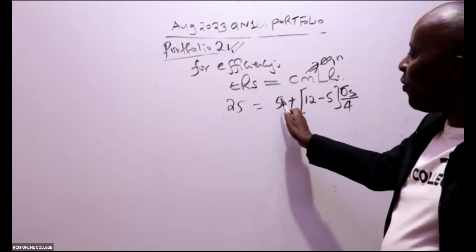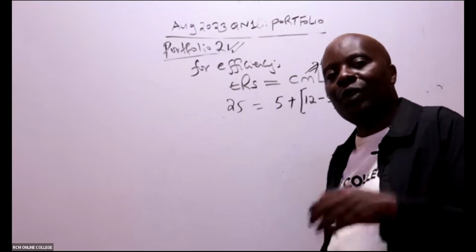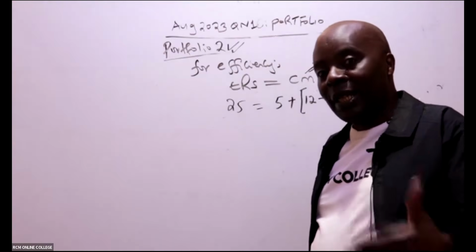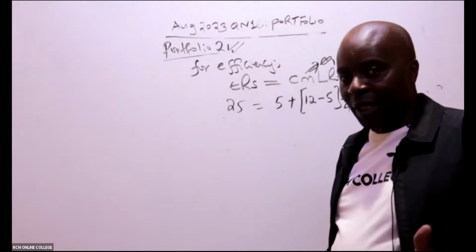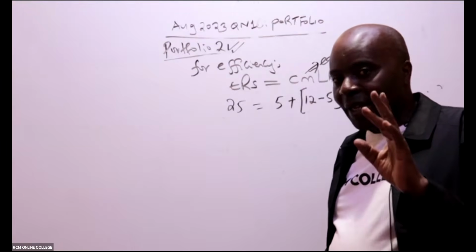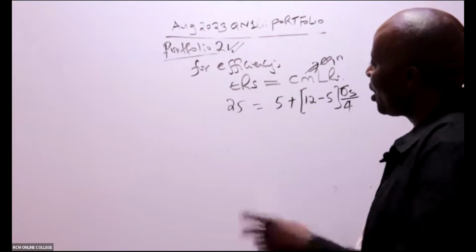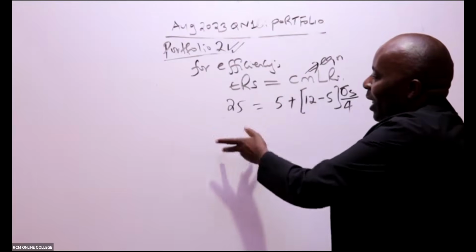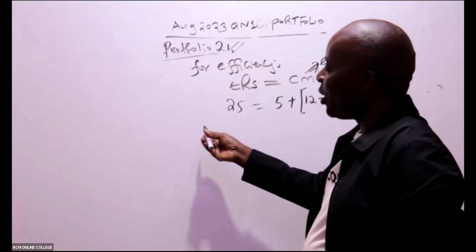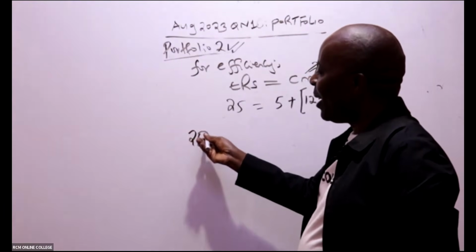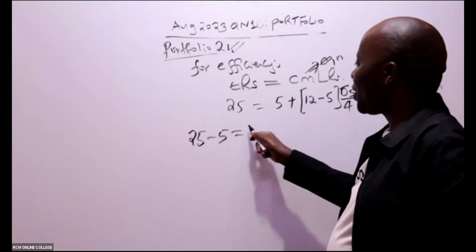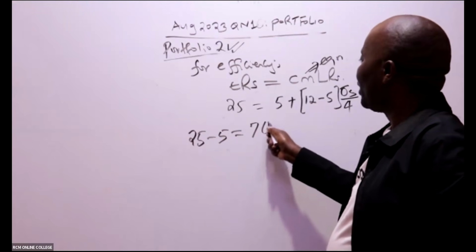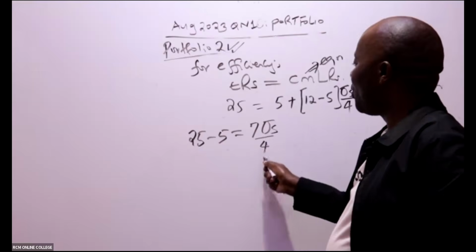When it crosses over the equal sign, things must change: here it is positive, on the other side it becomes negative. So this will be 25 minus 5 equals 12 minus 5, that is 7. So 7, standard deviation here, over 4.